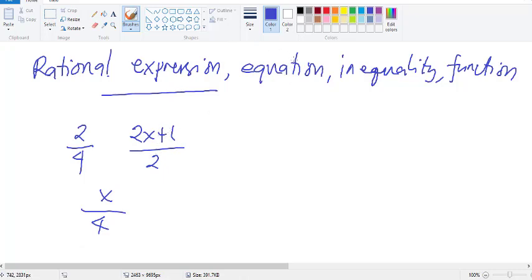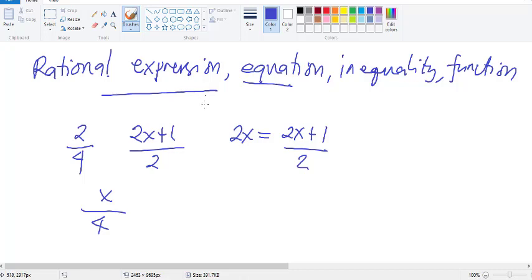Okay? So how about an equation? From the word equate, equal. So there should be, let's say, 2x is equal to 2x plus 1. Or, let's say, y is equal to, sorry, this is not a rational equation because it has no fractional part.